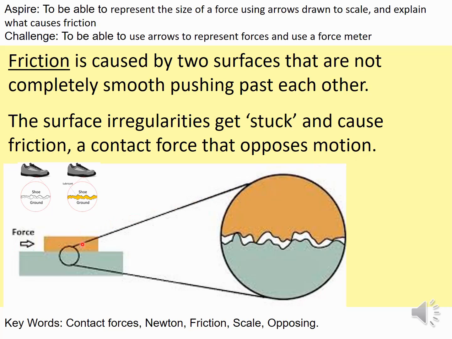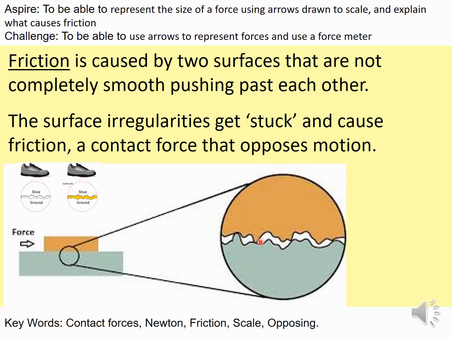So we've got a push force here that makes the brick move, and as that brick moves, trying to oppose the motion, the opposite, opposing, down here in our keywords, trying to push the other way is friction. What causes that friction? How rough the surface is.